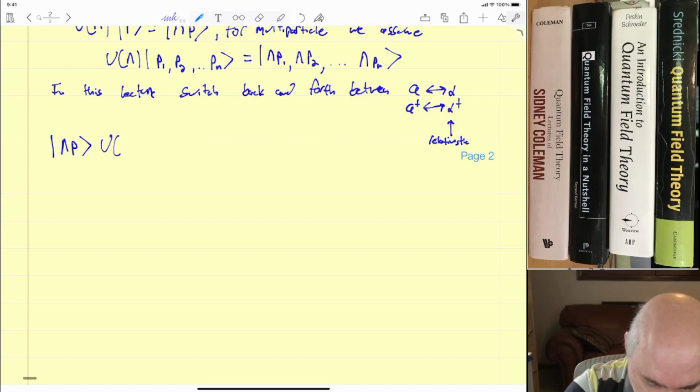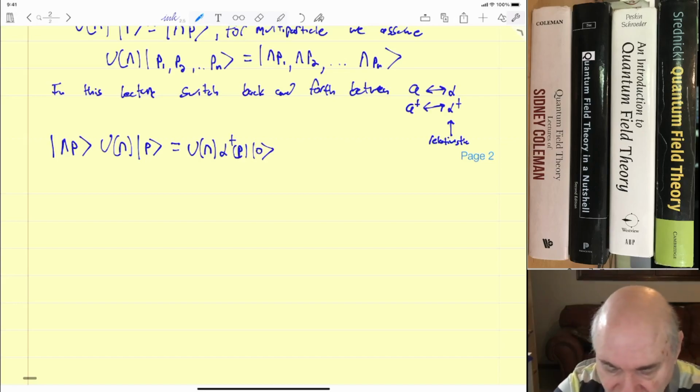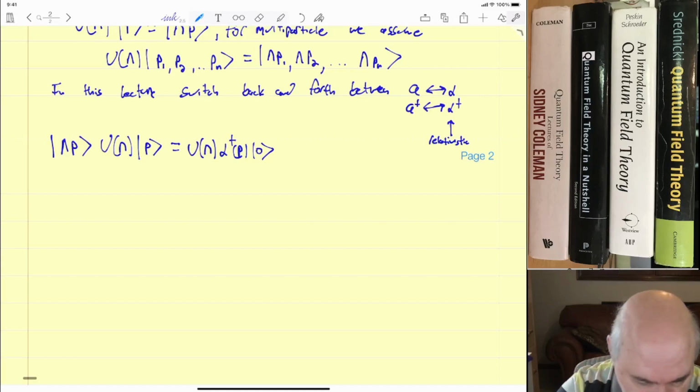By definition, we have this from above, and now this is equal to this, because that's what the alpha daggers do. An alpha dagger p creates a state with momentum p out of the vacuum. And then we can write this as this, because all I've done is insert this, which is equal to 1, because we have a unitary transformation.